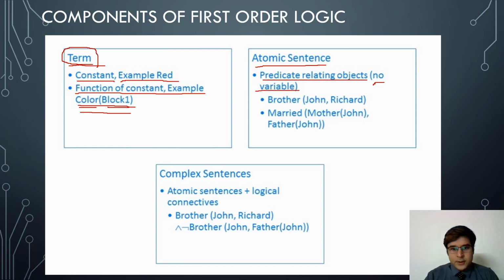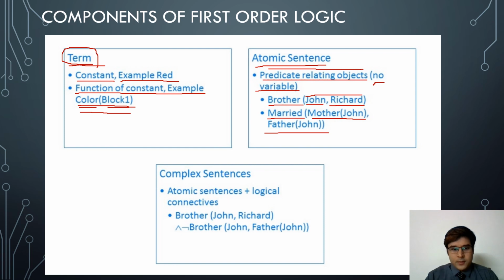So this is an object John and this is an object Richard, and this predicate here, brother, implies that they both are brothers. Similarly, mother of John and father of John are shown to be married here. So basically an atomic sentence contains a predicate that relates objects.